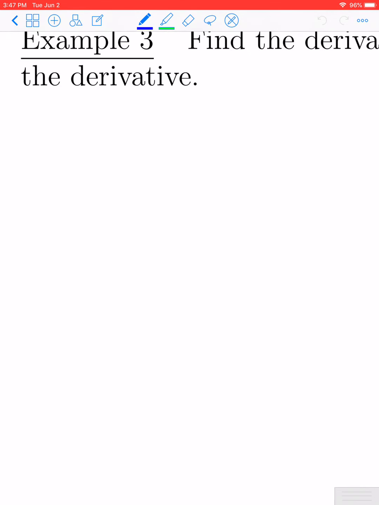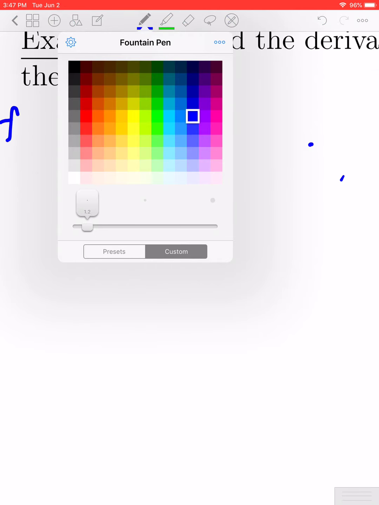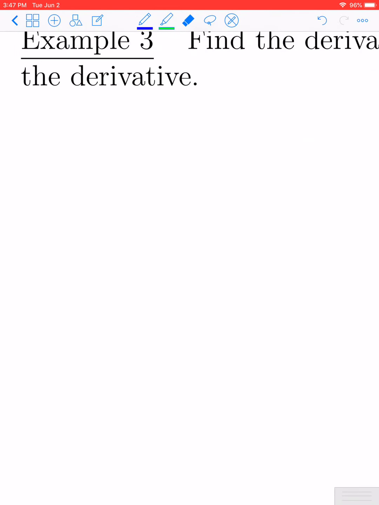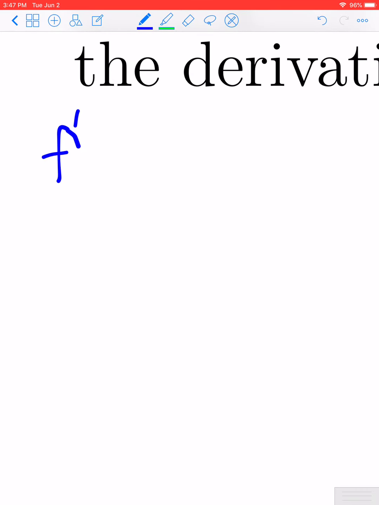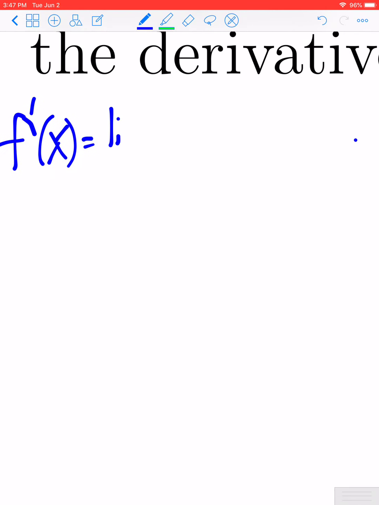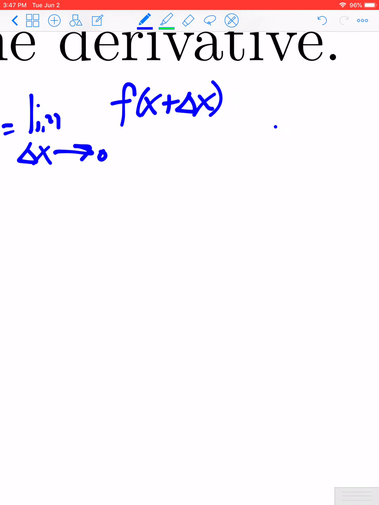First things first, I'm going to go ahead and write this out. f prime of x is equal to the limit as delta x approaches 0 of f of x plus delta x minus f of x, all divided by delta x.